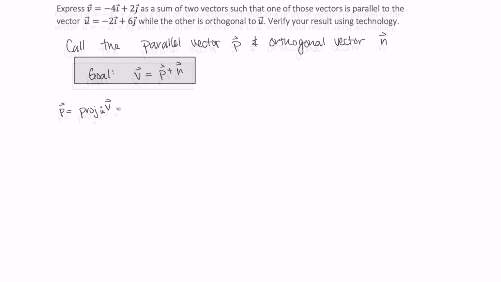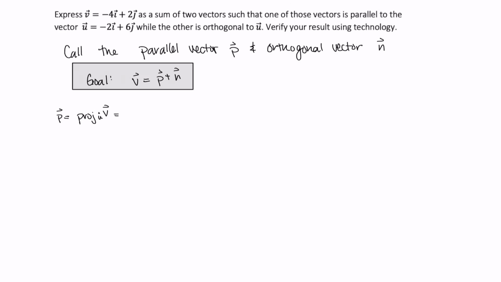And this is equal to the dot product of V and U divided by the magnitude squared of U, which we can just write as U dot U, and then multiplied by, again, vector U.